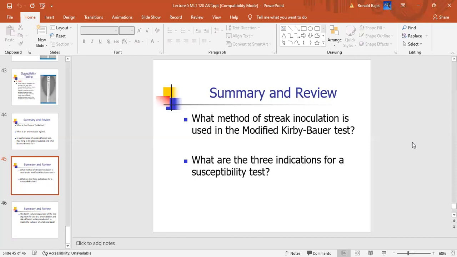Do you stop? No. So you can probably say coag negative staph, right? Because on the slide it's negative, but you're not going to stop, right, Jazzy? What do you do? Which method is that?